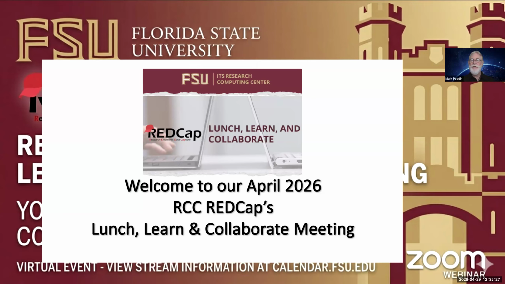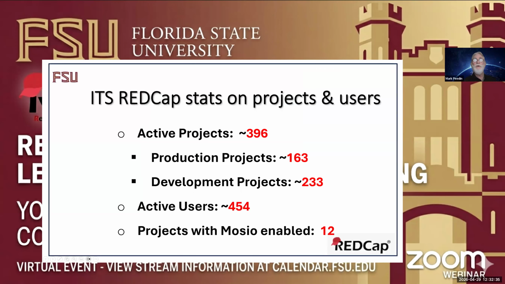As always in these types of presentation meetings, I like to first start off with a few stats so you can keep abreast of what's going on with our ITS REDCap stats. Currently, we have approximately 396 active projects, and of those, 163 are in production. The balance of those creative and exciting new projects is 233.